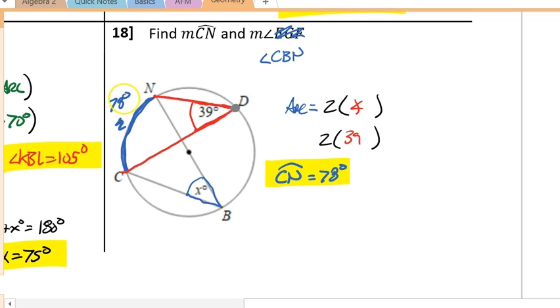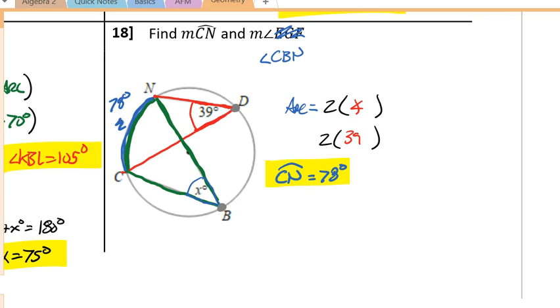All right, well, how does this 78 and this 39 help me find this x degrees, or angle CBN? Well, this angle, angle x or angle CBN, is also on the circle. So let's go ahead and extend this out to the arc that it intercepts. And it intercepts this arc, CN. Wait a minute, it intercepts the same arc.